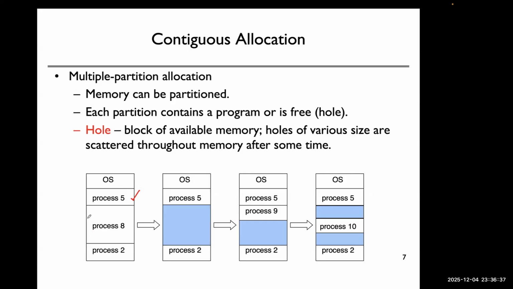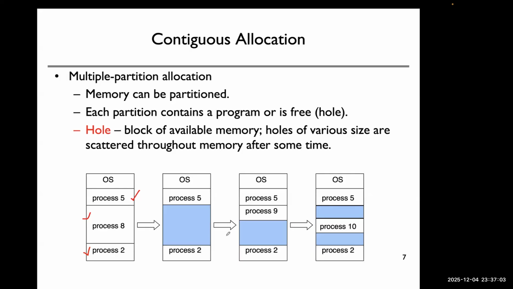Then in the next chunk we have loaded process 8, and next process 2. Maybe after some time process 8 has completed execution, and the memory is not needed anymore, so that memory is reclaimed. It is marked as a free memory chunk, and process 5, 2, and the operating system continue running.